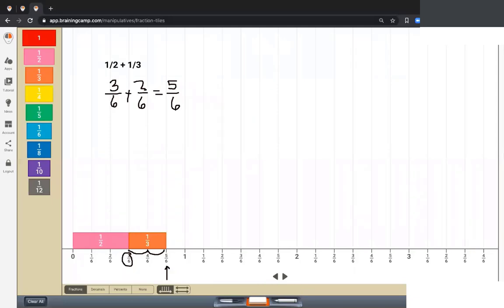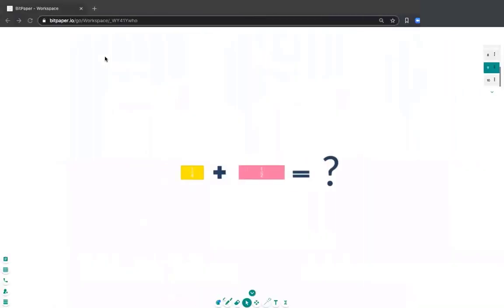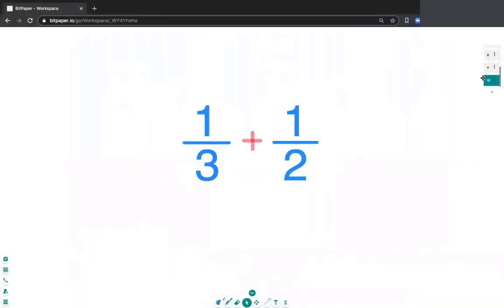Let's look at an example without fraction tiles. So here I have 1/3 plus 1/2, and we built this earlier. But what I can do is I can multiply the 1/3 by a quantity of 1, or a copycat of 1, 2 halves, based on the denominator of the fraction I am adding to the 1/3.